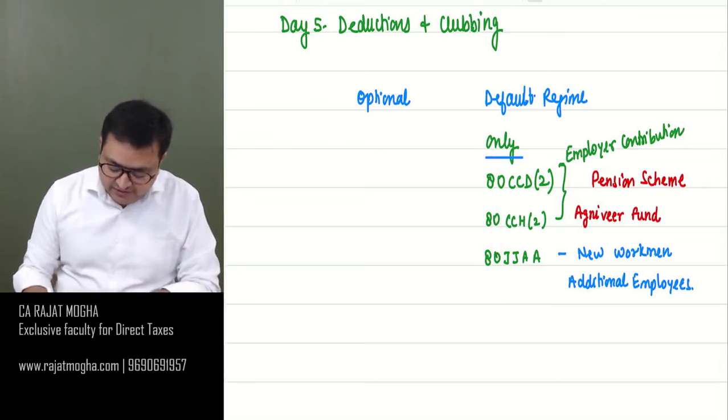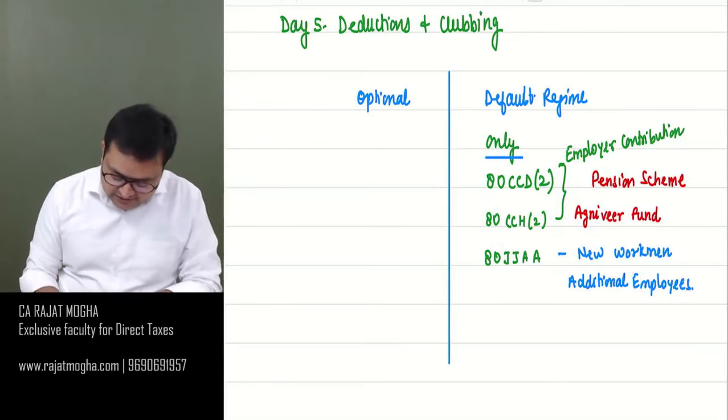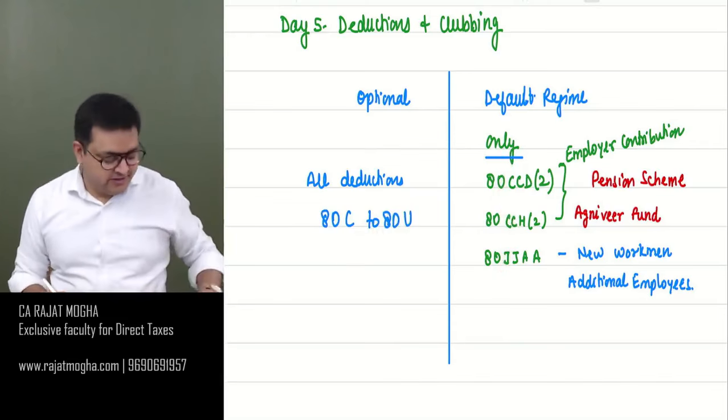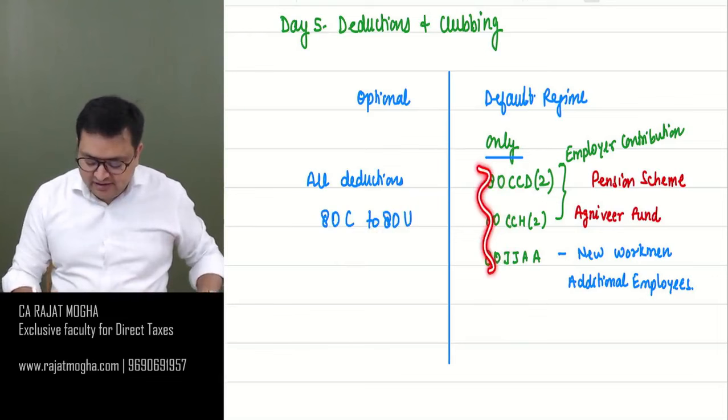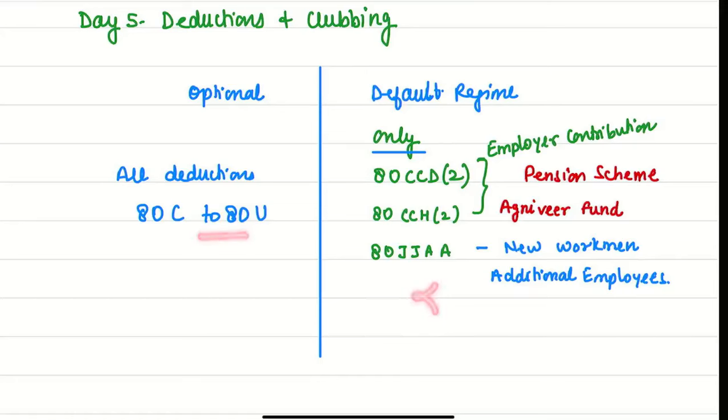Whereas under optional regime, all deductions from 80C to 80U are available, including these. These three are available in both, but other deductions are not available over here.